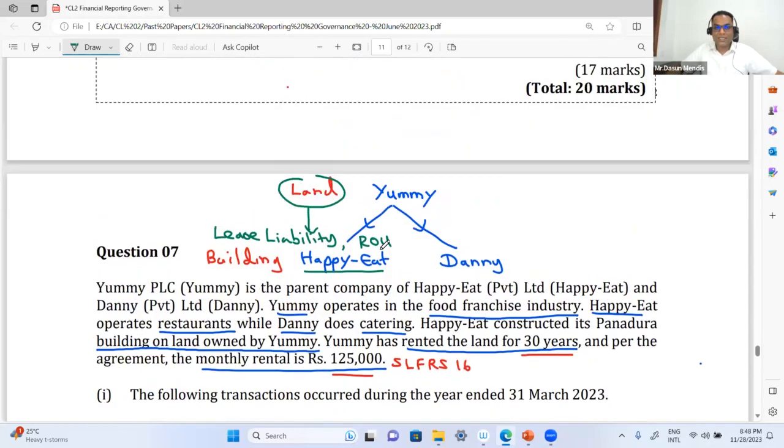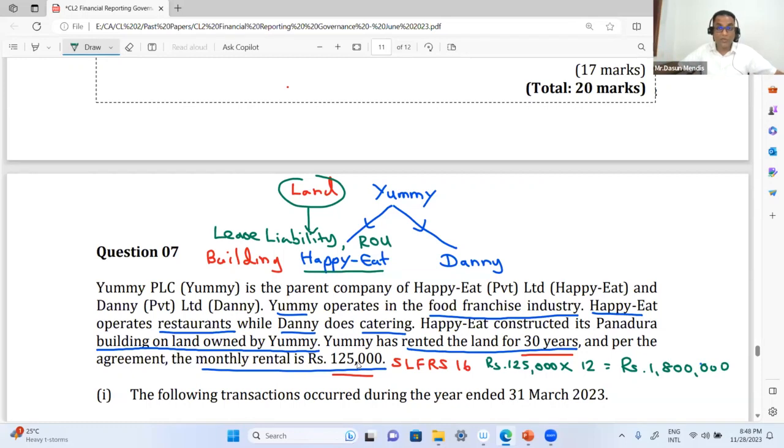So the transaction is lease rental payments. Monthly, you pay 125,000. This is the monthly payment. So if you want to calculate the annual payment, what you need to do? 125,000 per month. How much is it? Rupees 125,000 into 12.